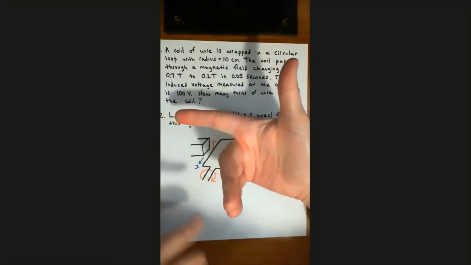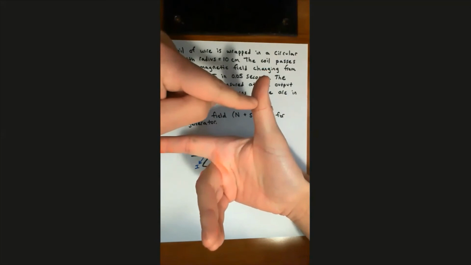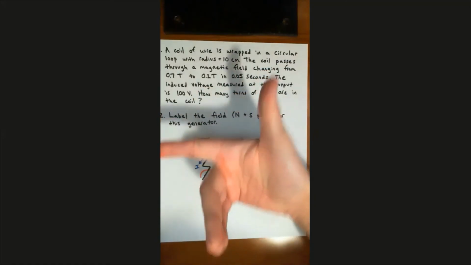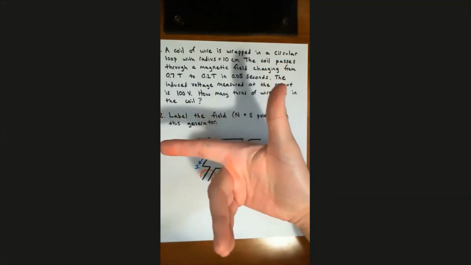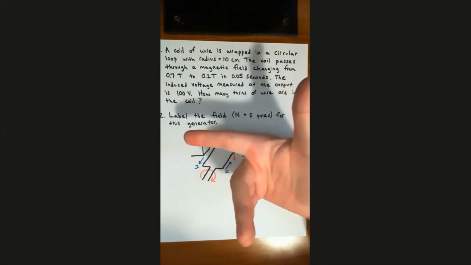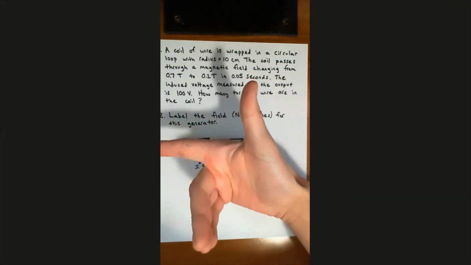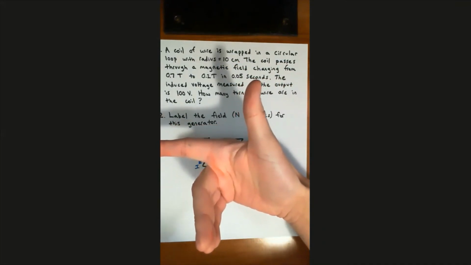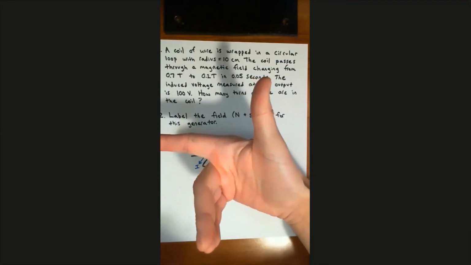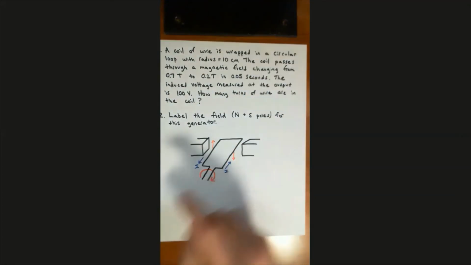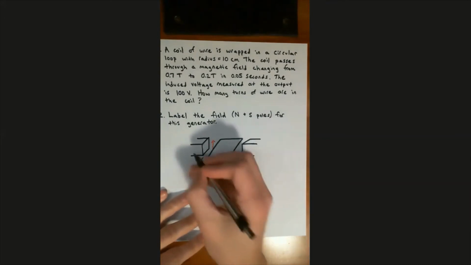So the only way that works is if it's like this. Our second through fourth fingers are coming out of the page. Our thumb, for the motion of the wire, is going up toward the top of the page, and the field, which is the first finger, is pointing from right to left. So maybe what I'll do for now, I'm pretty sure that this side is the north and this is south.